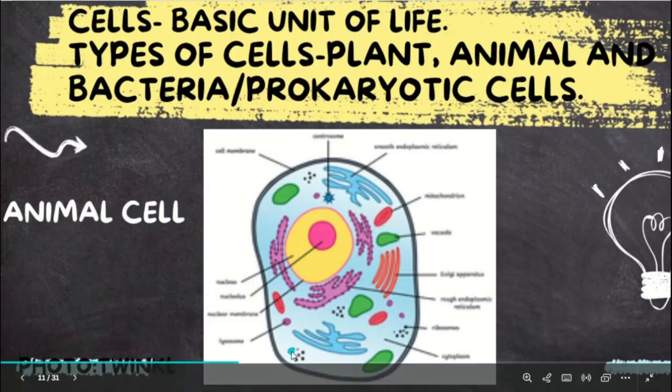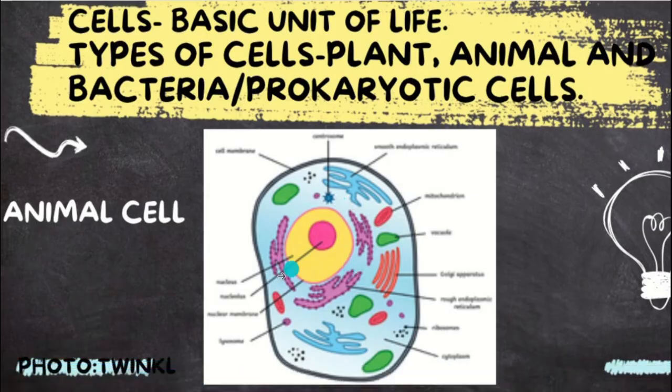So basically, we're just gonna run through the function of each part really quickly. So we have our nucleus. We know that obviously it controls the cell. The centrosome, we don't really have to worry about what this is. This blue thing is basically involved in cell division.